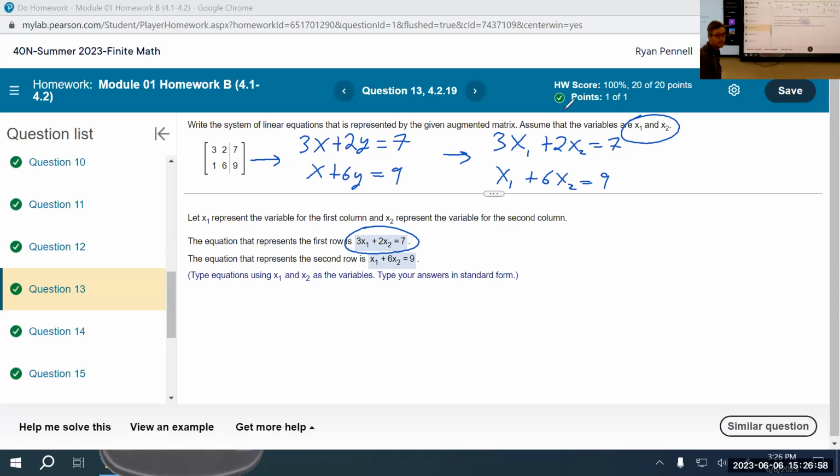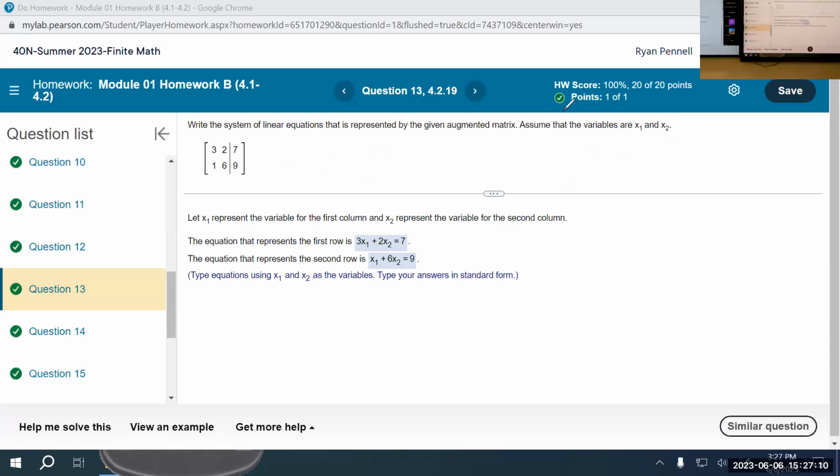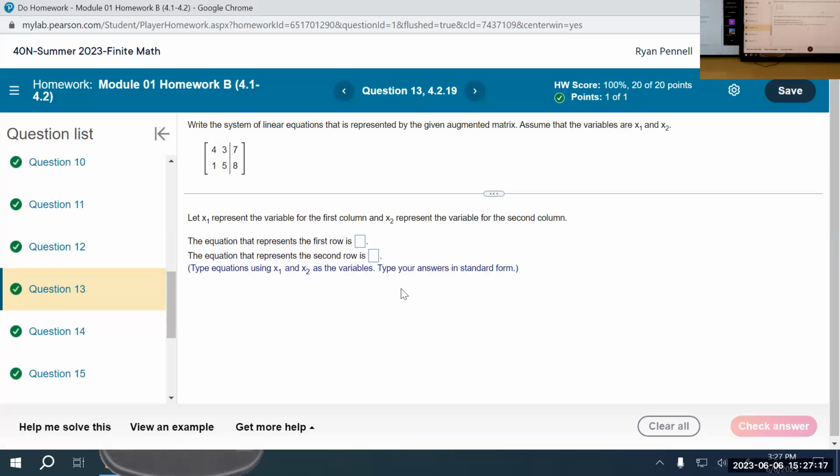Probably the trickiest thing about this problem is entering it in the computer. Probably the trickiest part. Maybe I can show you that, because it is a little weird. How do you get that little 2? We go to a similar question. It's the same old thing, just different numbers.